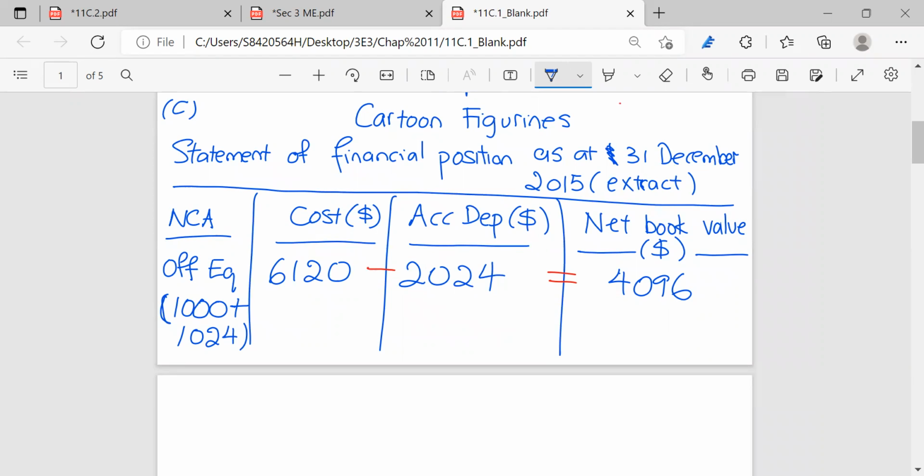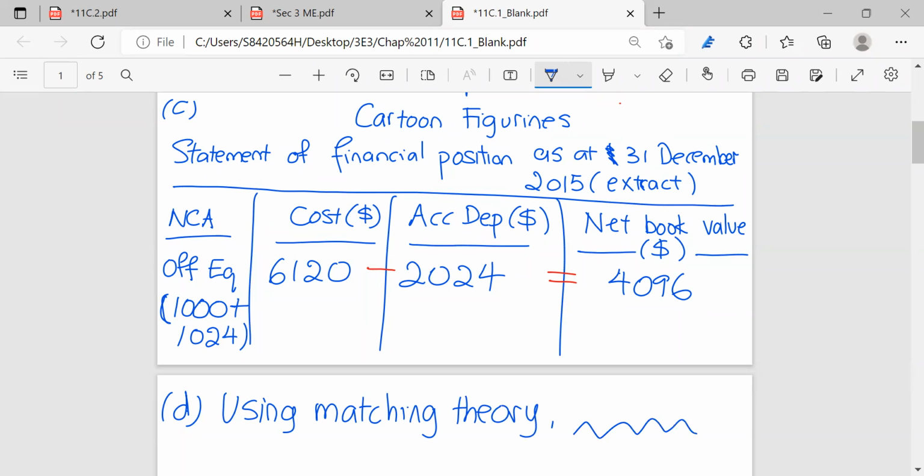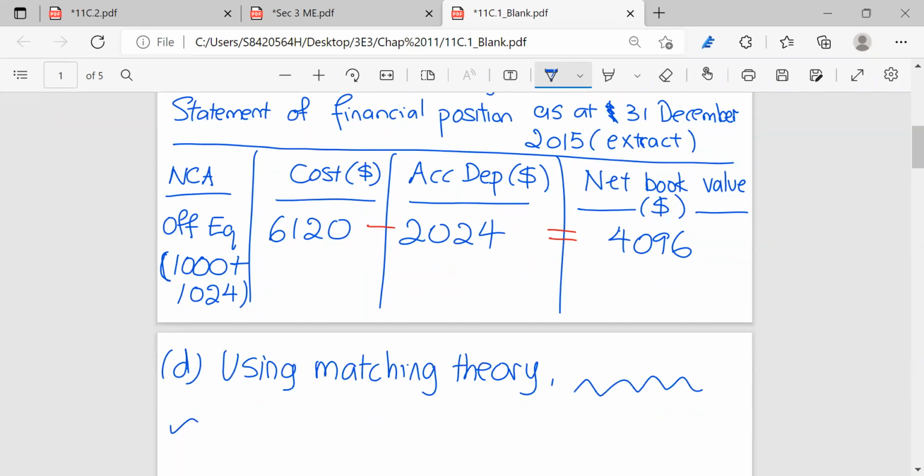So what you can do, like part D, let's say you want to use matching theory, you can say using matching theory, comma, then you copy down the explanation of the theory from your memory essence.